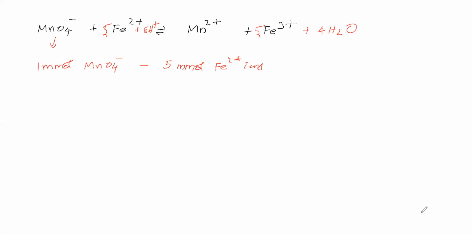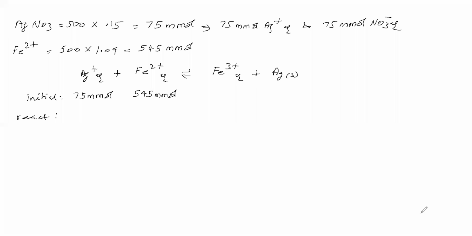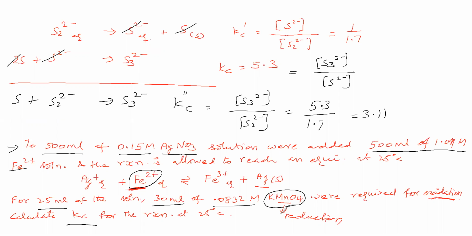Now we will see in the question how many millimoles of permanganate is given. Permanganate given is 30 ml of 0.0832 molar. That means potassium permanganate given is 30 ml into 0.0832 molar.